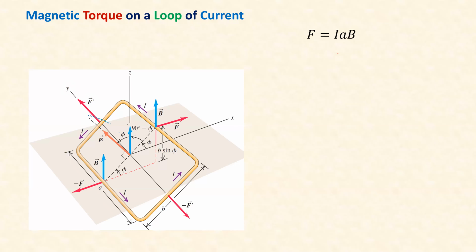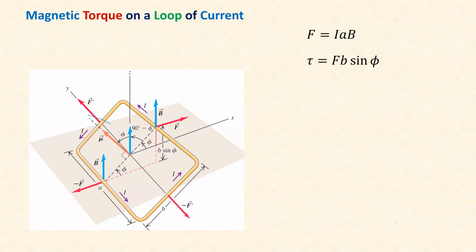And you see, because the current and magnetic field are at 90 degrees, the angle between the current and magnetic field is 90 degrees, right? And in this case also 90 degrees. So we don't have a sine of theta because that's 1.